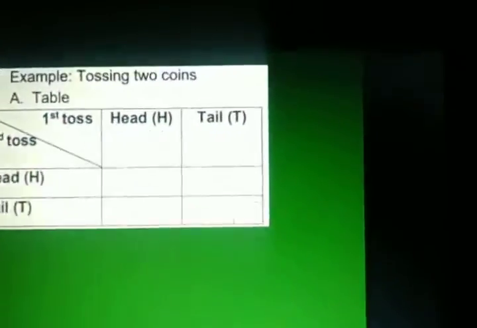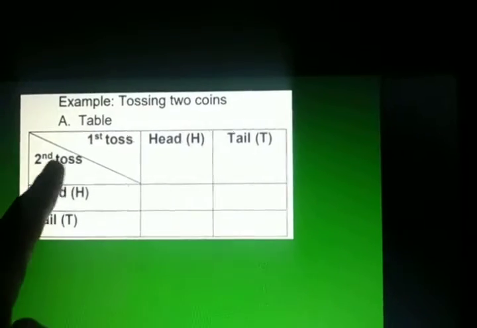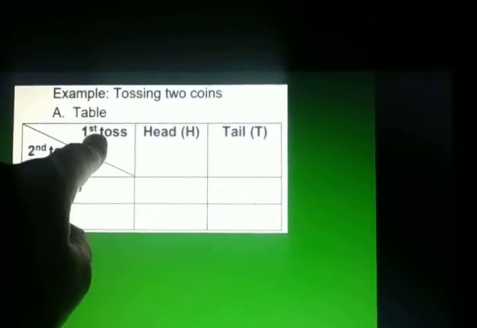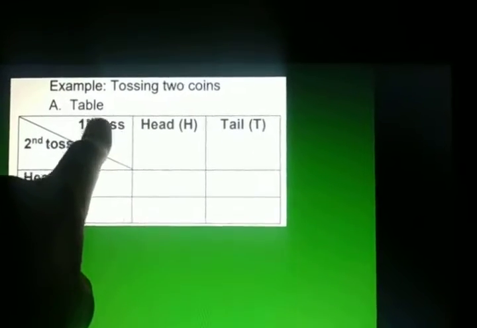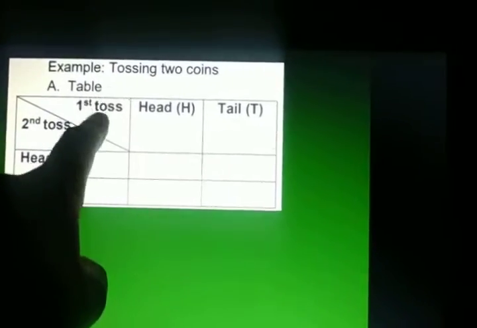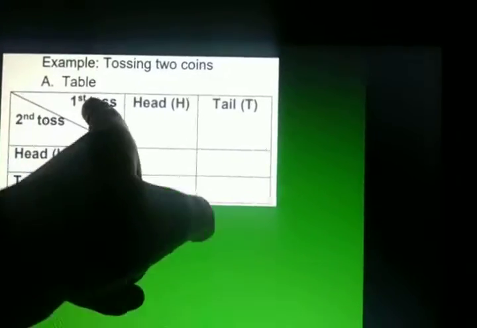Okay, let's start. Let's have one example for table. Example, you toss 2 coins. Okay, tabular form. So, you make a column for the first toss. Isa ni sa ka-column. Column ni panawag, rows na panawag. So, sa first toss mo, nag-una siya row, no?